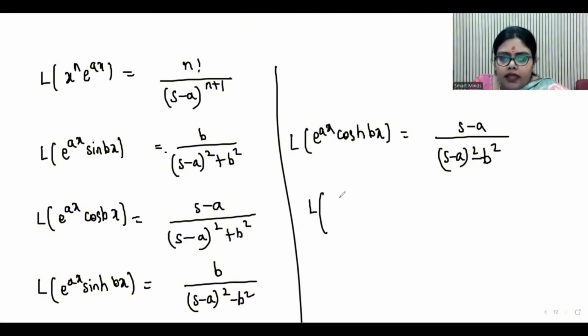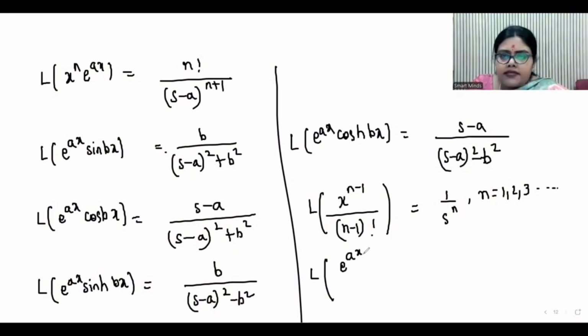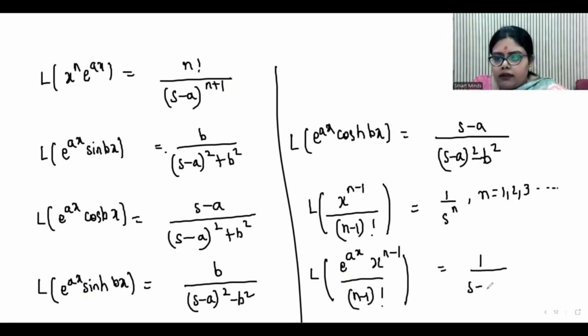L of x^(n-1) by (n minus 1) factorial is 1 by s^n, where n takes values from 1, 2, 3, 4 and so on. Then L of e^(ax) x^(n-1) by (n minus 1) factorial is equal to 1 by (s minus a) whole power n, where s is greater than a.